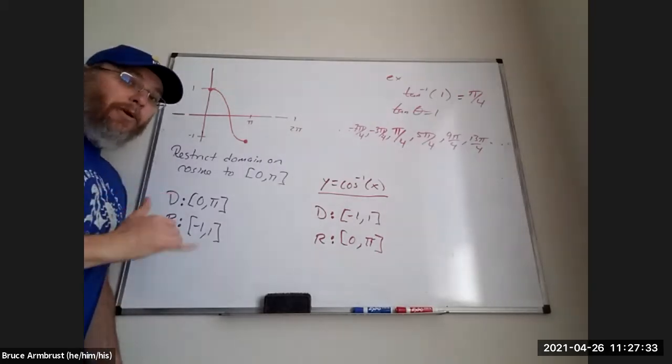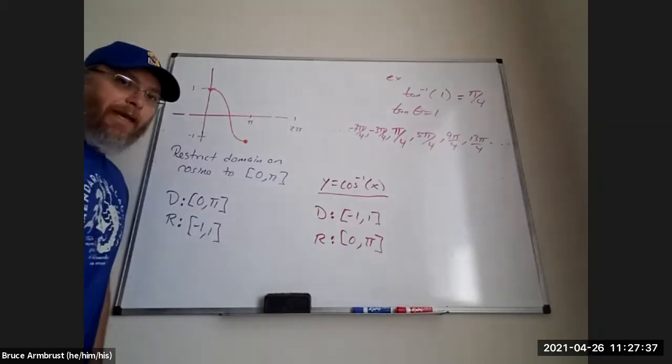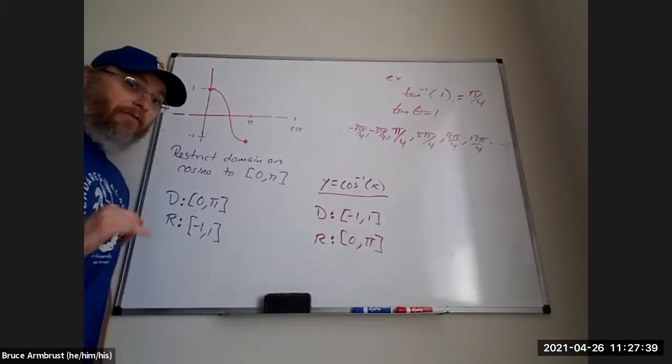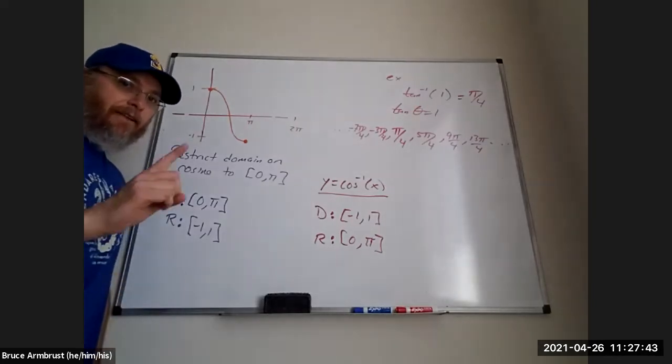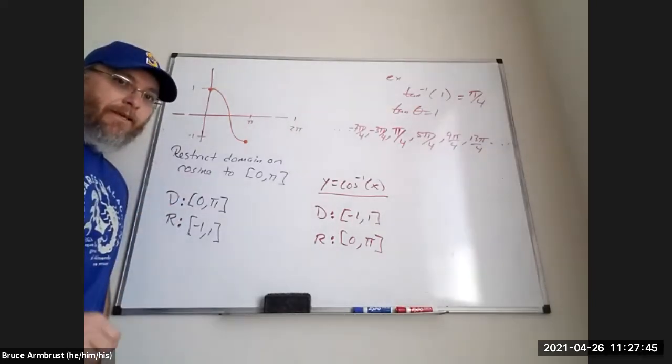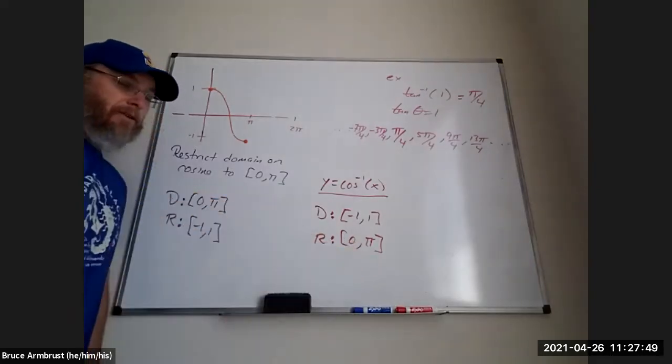Now by putting this restriction on it, we've made it so that it's now a function. So now if you say, what's the inverse cosine of 1? There's one answer, because that only happens one place in this interval.